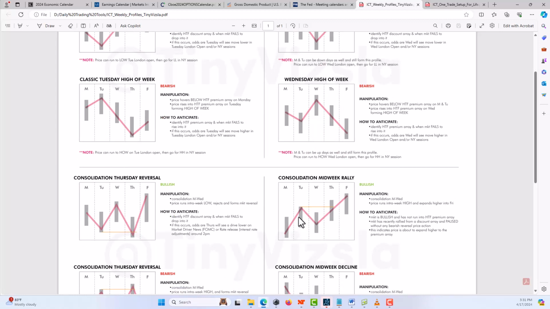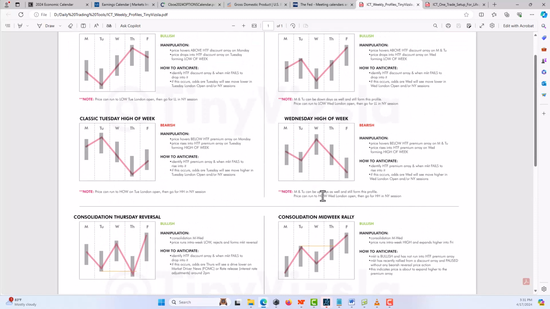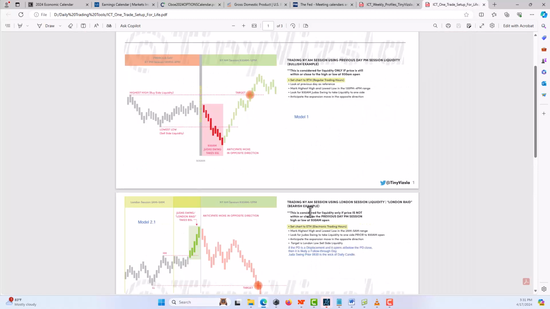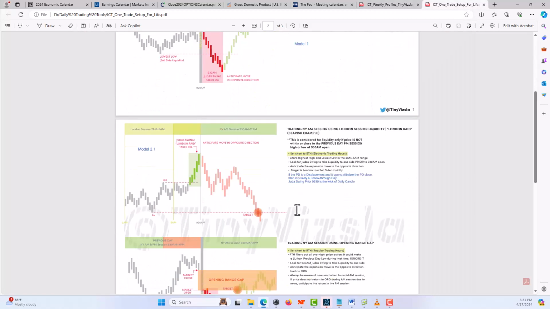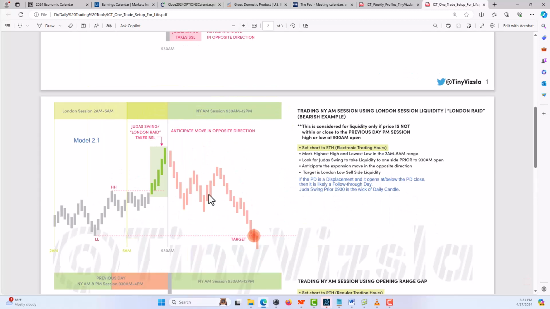It would match perfectly if Tuesday is low, Wednesday low, but it didn't match the ICT weekly profile. We see the setup right here, but we're not sure about the swing high before 9:30.